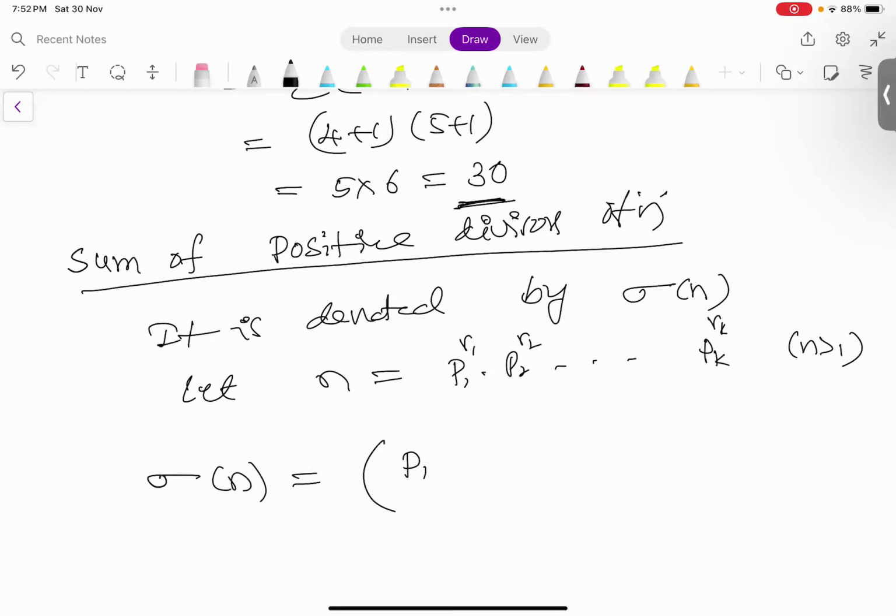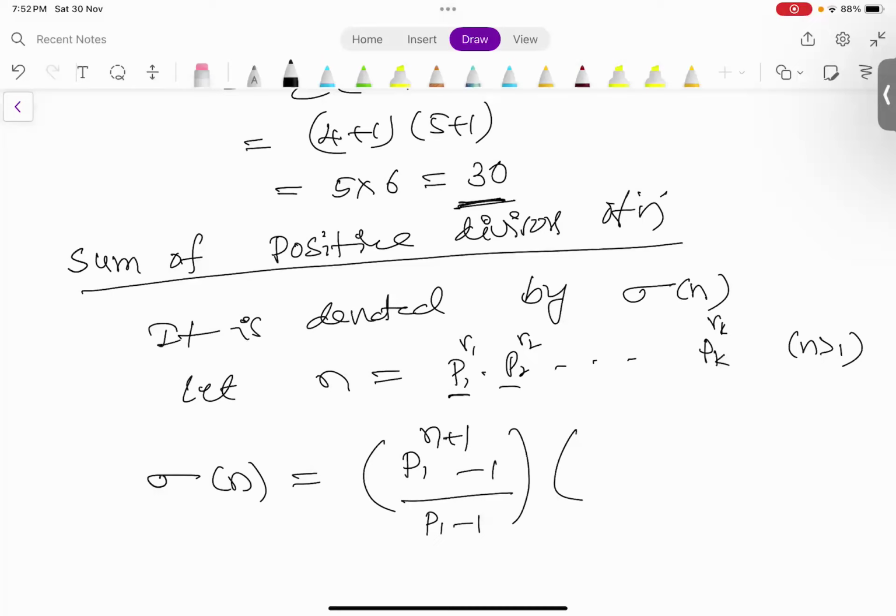p1 to the power of r1 plus 1 minus 1 by p1 minus 1, because it is a geometric series. How many divisors does p1 power r1 have? 1, p1, p1 square, and so on, up to p1 power r1. Their sum is p1 power r1 plus 1 minus 1 by p1 minus 1.